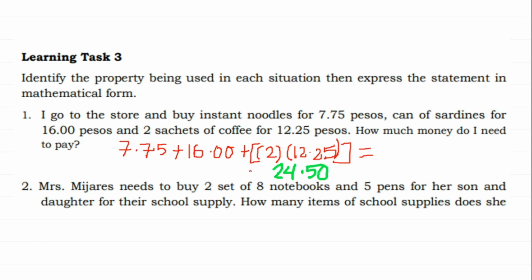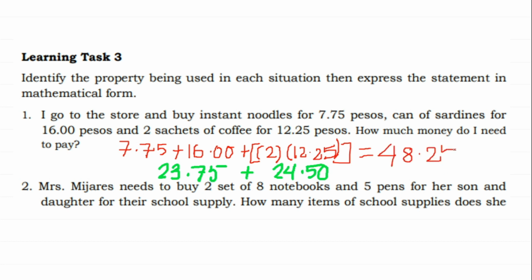And then, added to these 2, so 7.75 plus 16, that will give us 23.75. And then after that, we need to add these two. Ito yung quantity na ng multiplication, 24.50. And then we have 23.75. At pag inadd natin yan, that will give us what? Okay, so we have 48.25.